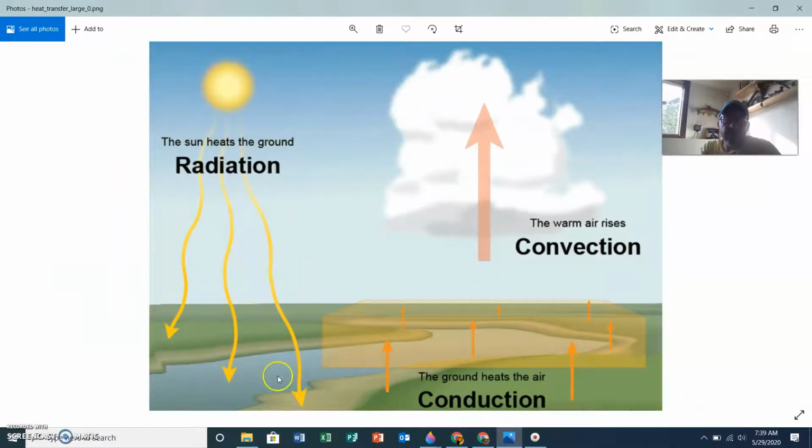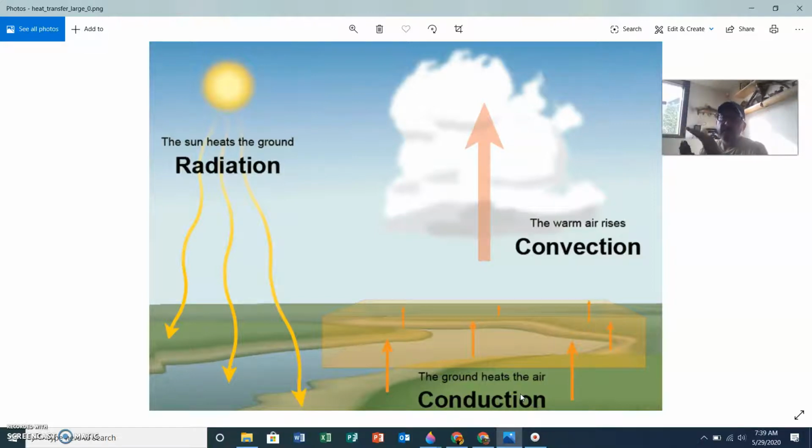After the radiation is absorbed by the ground, and the ground then heats up, it then transfers that energy from the ground directly to the air above it. So now we're talking about conduction. Now we're talking about that collision of molecules.